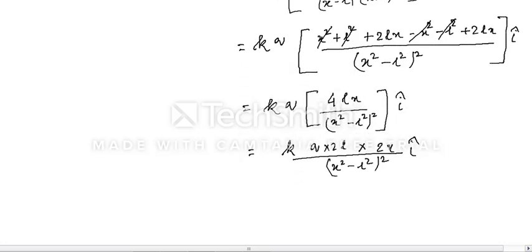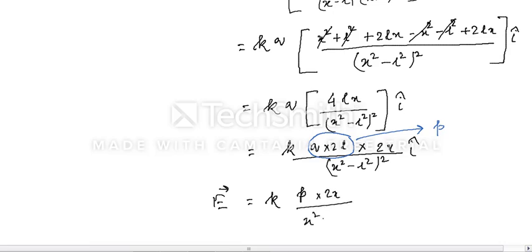And we know that this q into 2L can be written as P. So we are writing this finally, that electric field E is equal to k P multiplied with 2x by x square minus L square whole square, this much i cap.